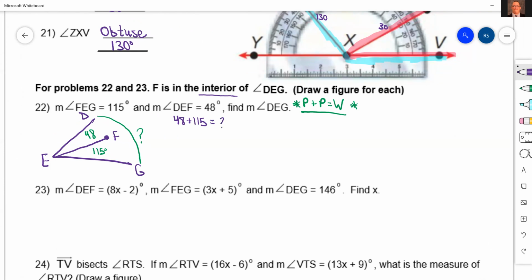Equals question mark. What is 48 plus 115? 163. So that means the measure of angle DEG equals 163 degrees. Yay me!